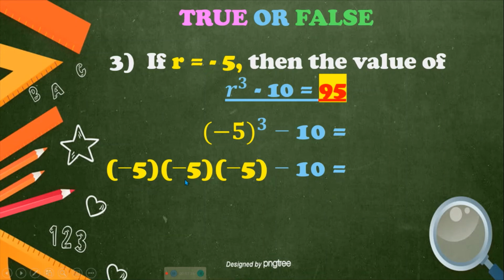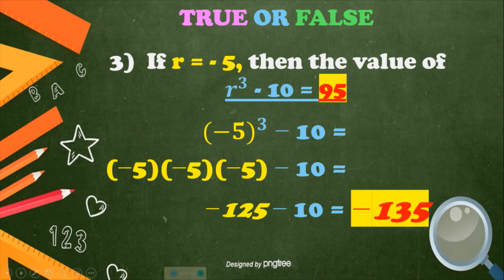Then negative 5 times negative 5 times negative 5, that is negative 125. Tapos copy lang yung negative 10. Since pareha sila ng sign, parehas negative, we will add 125 plus 10, that is 135. Then copy their signs, negative 135. Since magkaiba sila ng sagot, that is false.